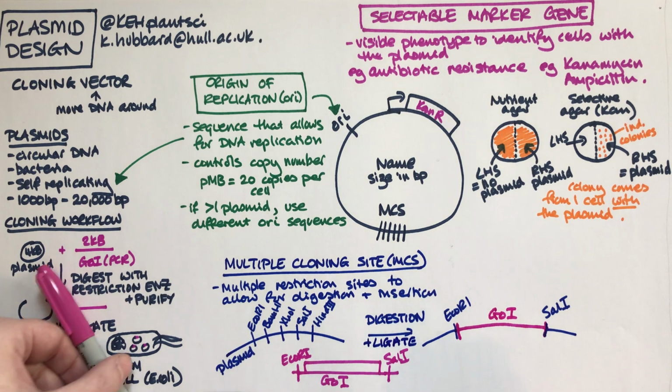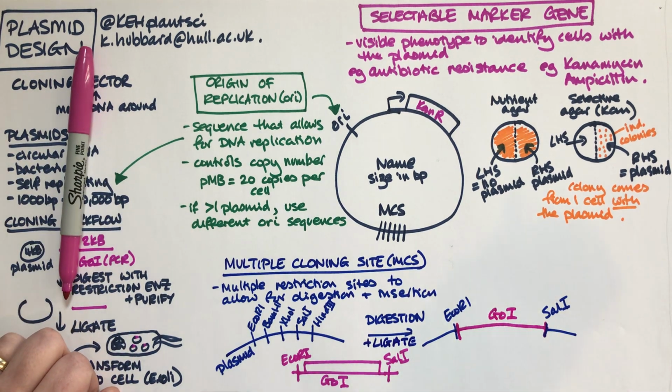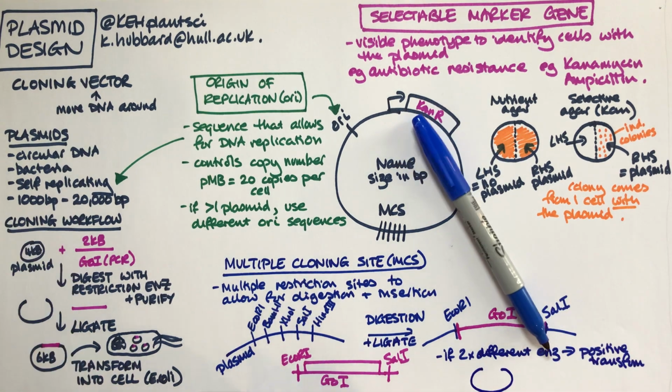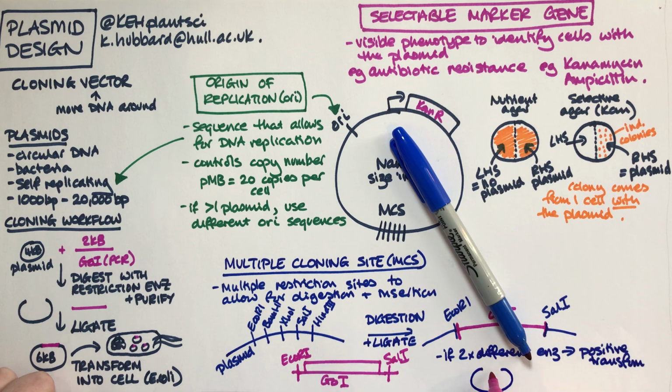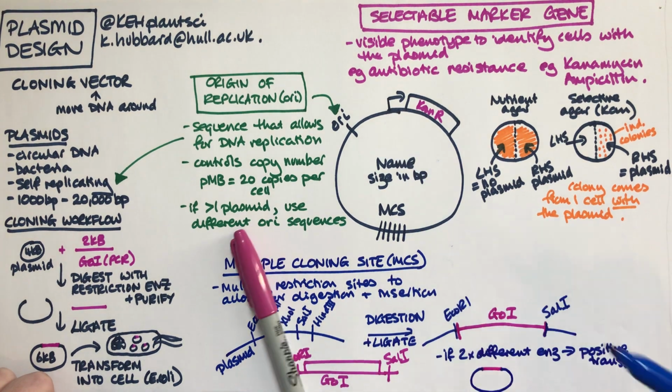And what's really good about this is if you use two different enzymes, then you will get positive transformants, because in the ligation reaction, the plasmid and the gene of interest stick to each other, so we get a circular plasmid.